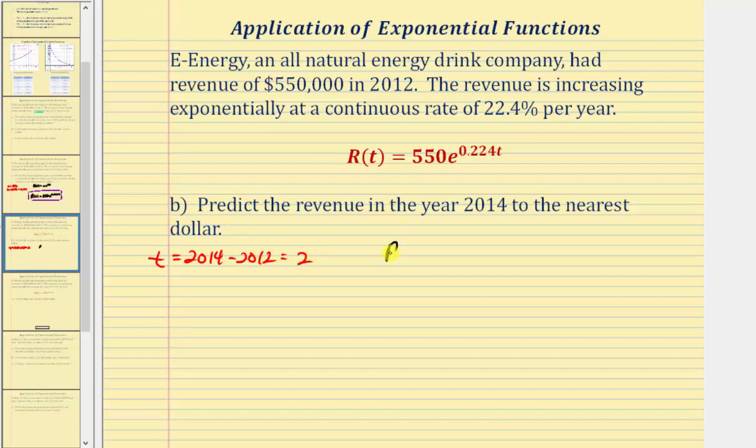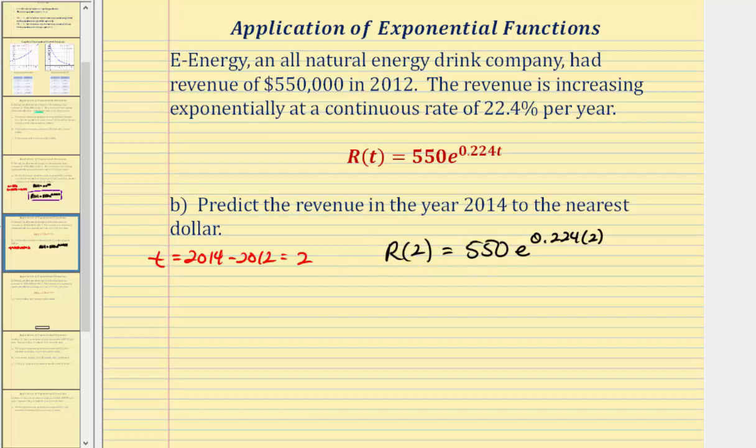So we want to find the function value r of 2, which would be equal to 550 times e raised to the power of 0.224 times 2. We need to be careful here though, because remember r of t is going to be in thousands of dollars.